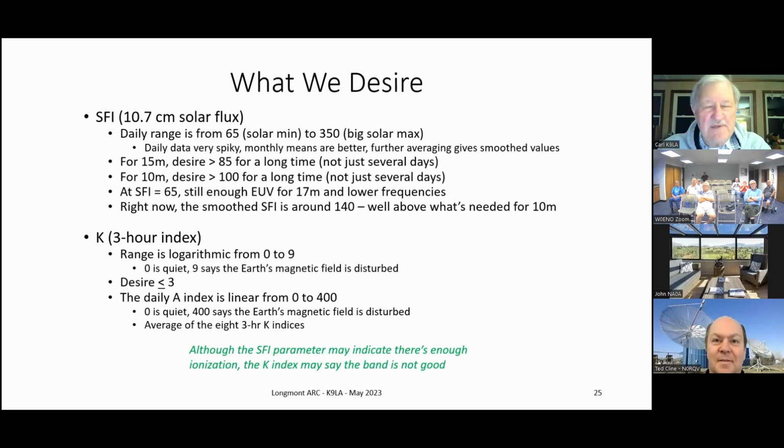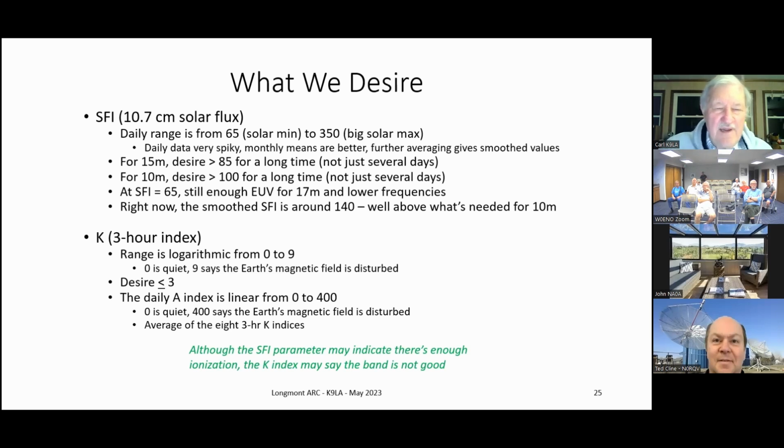We're going into the summer where the MUFs are lower, but they'll be back up this coming fall and winter. And cycle 25 will be a little bit higher, so that's going to make things even better.